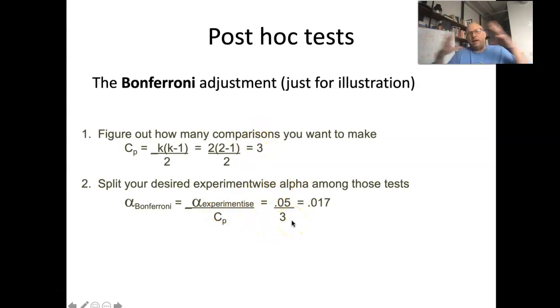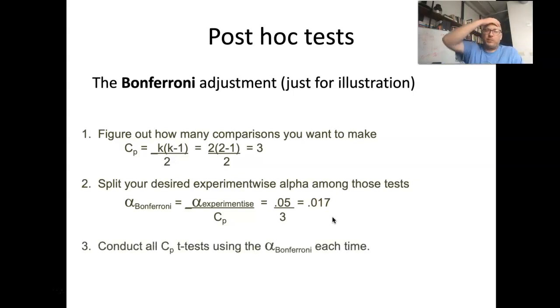So if you just split that alpha into 3 groups, then what happens is if you reject the null hypothesis for each of those 3 comparisons, you would have only a 0.05 alpha rate at the end of that. Now that works okay. I hope you see what that's doing is it's kind of distributing your risk tolerance across different groups. The problem with that is that it gets really, really hard to reject the null hypothesis every time you add another condition. I just want you to stop and look at that and make sure you understand how that works.